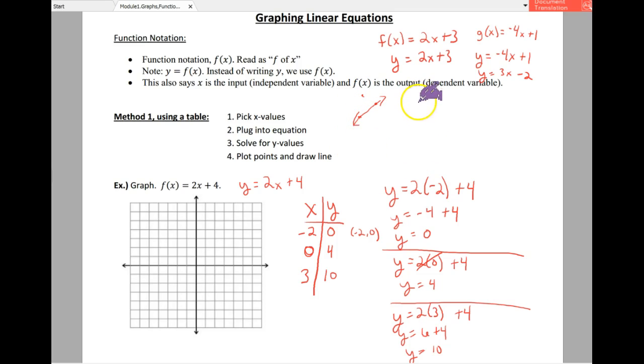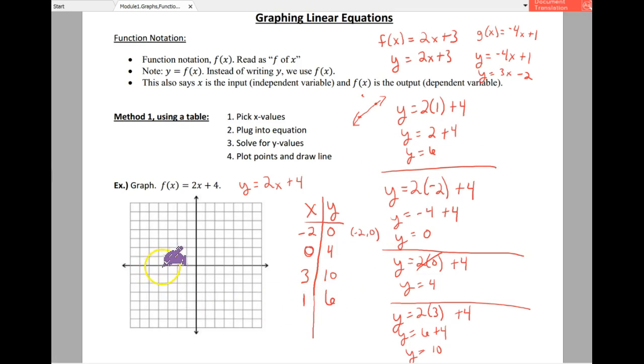This needs to be a straight line. And I go back and check my math. I'm going to do one more because I don't think 3, 10 is going to fit on my graph very well. I'm just going to pick 1 for x. So y equals 2 times 1 plus 4. 2 times 1 is 2, plus 4 gives me 6.